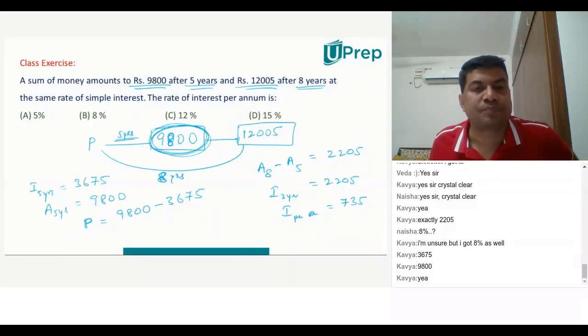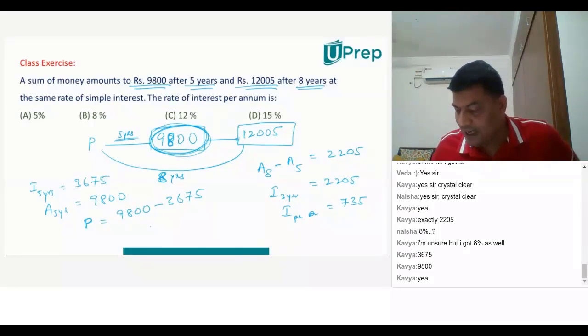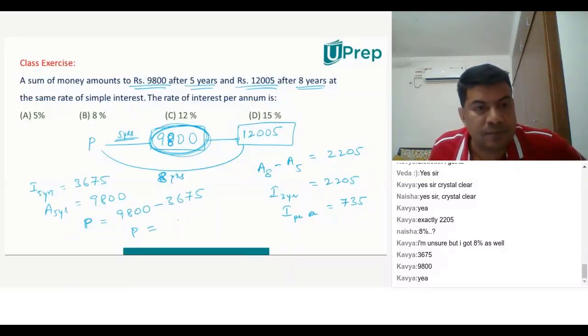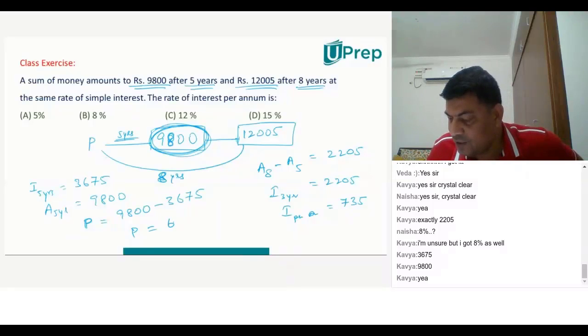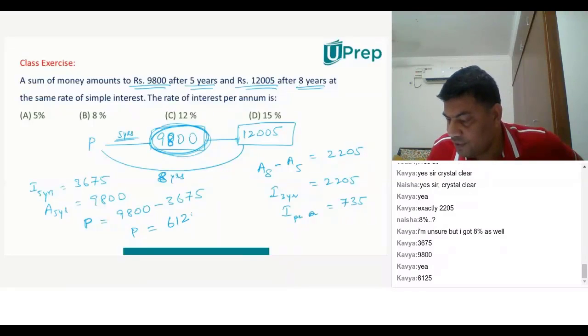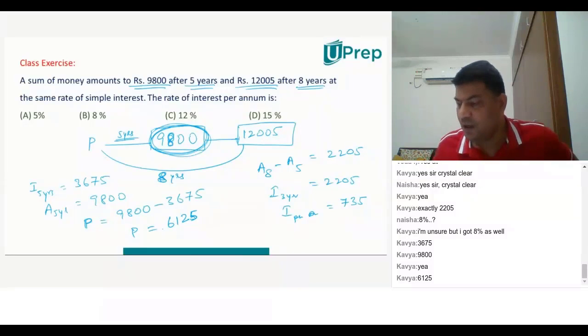Correct? Yes, sir. How much is that? 6,125. That's it. 6,125 is your principal, and your interest per annum is 735.